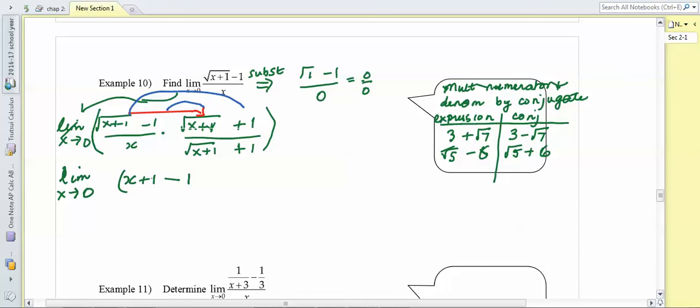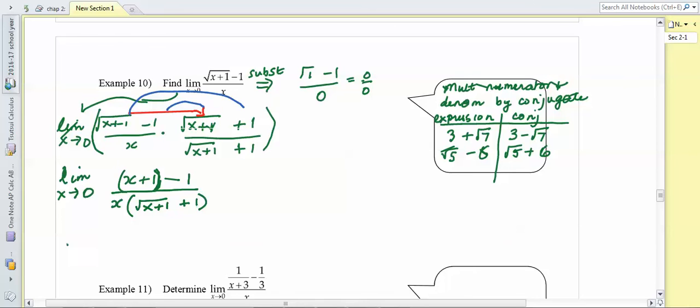I should use parentheses, although I would have gotten away with it if I had left them out, because x plus 1 has no sign in front of it. Now, the denominator, I'm going to leave. I'm not going to try and distribute, because in terms of strategy, that's usually not the best strategy. When you multiply out, really only multiply the conjugates, and I'll explain why in just a minute.